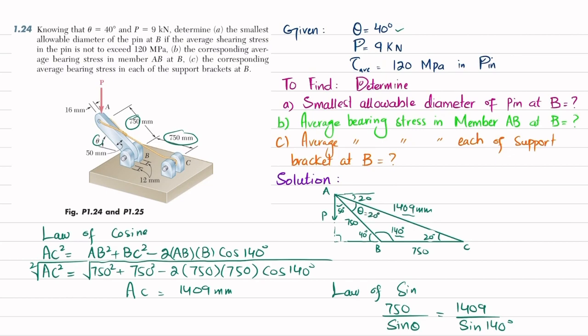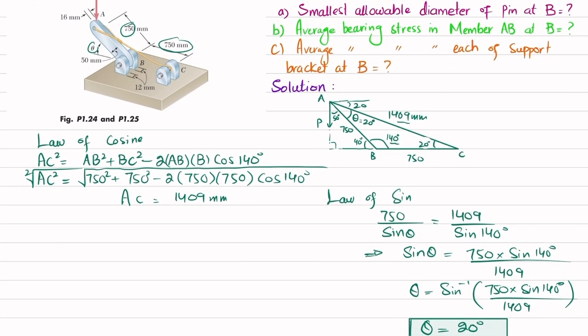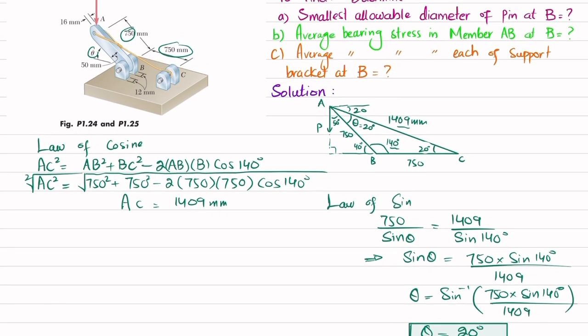Now we have all these angles, so we will take joint A as a free body and find the forces acting on joint A. You can see at point A we have a load P which is acting downward.